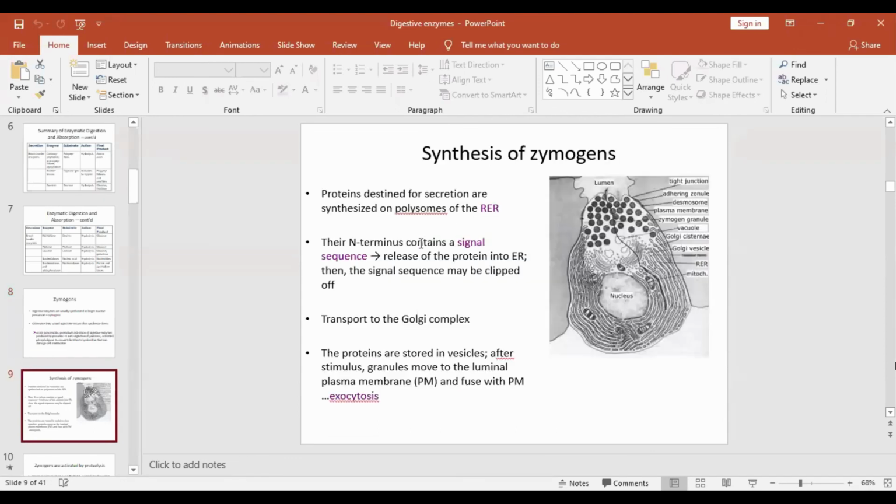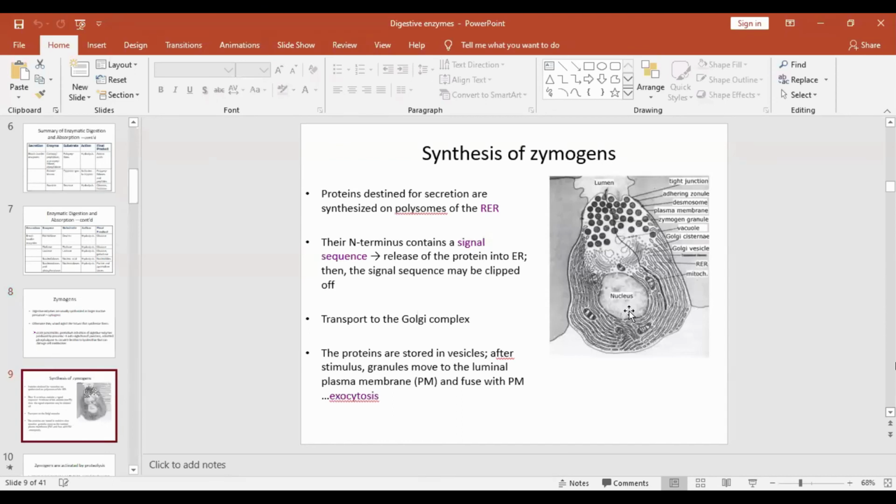Proteins, as you know, are synthesized through the transcription and translation process. So what gives the direction for that protein or enzyme to come out of the cells that are secreting them? They have the N-terminal signal sequence. Signal sequence means it has a signal that gives direction.